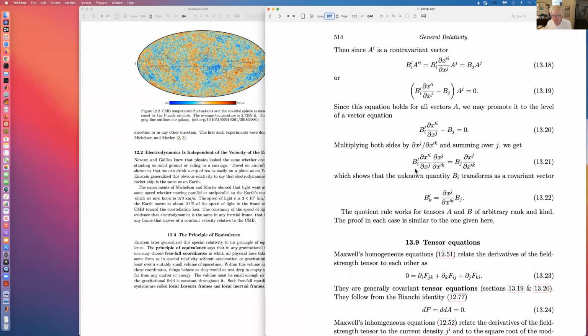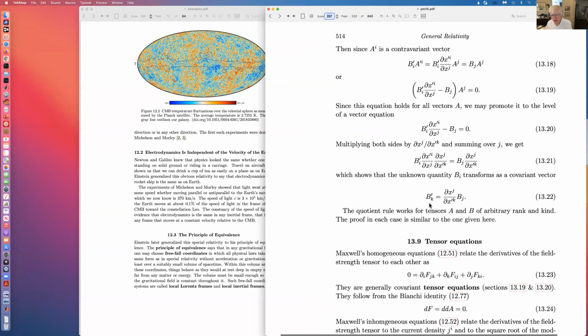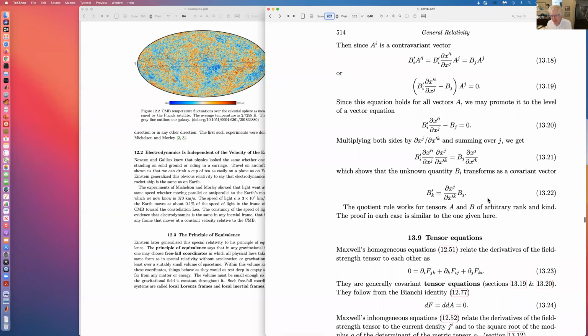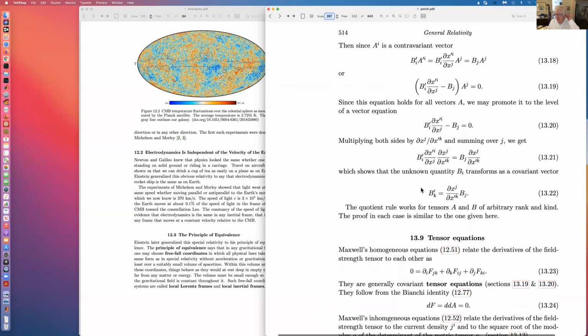This gives us a Kronecker delta, and just leaves us with B'_K. So we've got the equation B'_K is this summed over J of partial x^J, partial x'^K times B_J. And this is just the definition of a covariant vector.